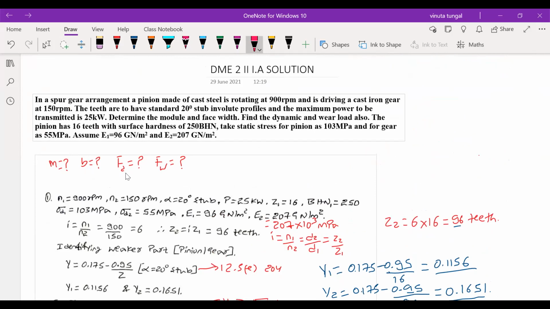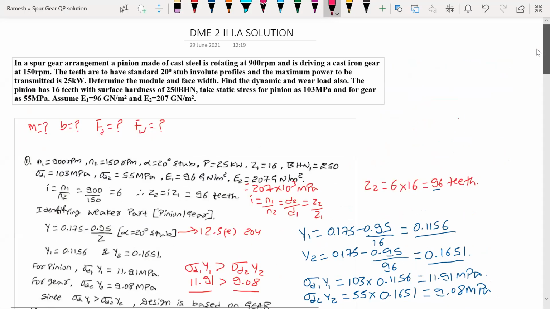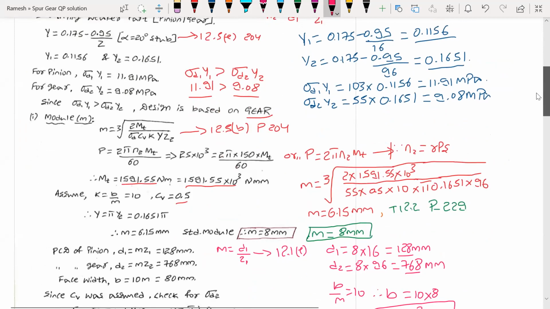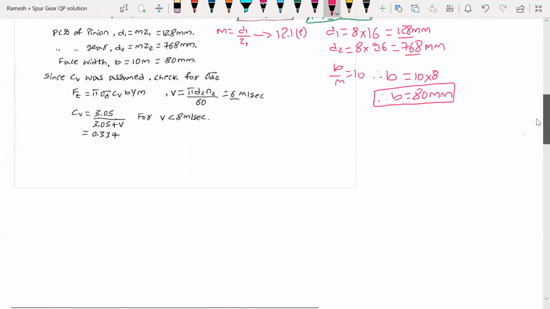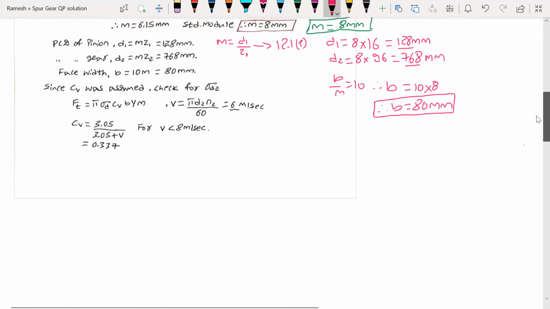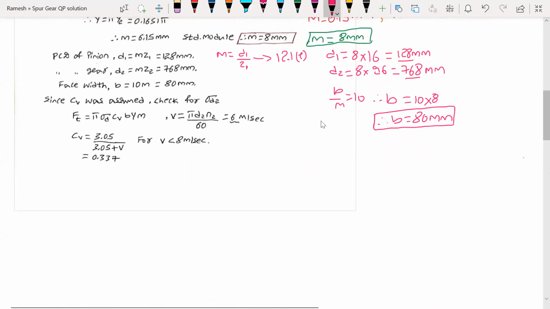Next is to find out the dynamic load and wear load. Next step is to calculate the dynamic as well as wear load. Now, before calculating this, whatever velocity factor you assumed, whether it is correct or not, it should be satisfied.